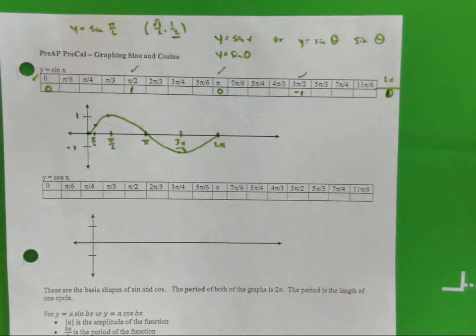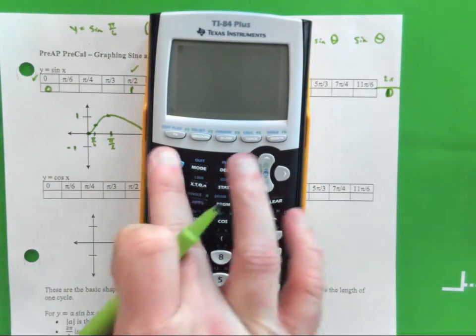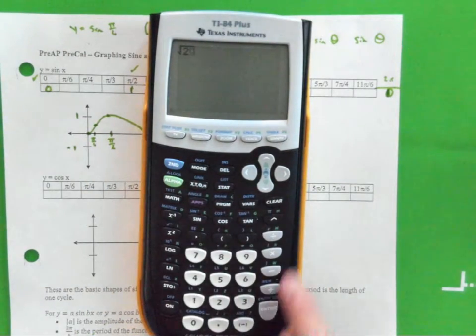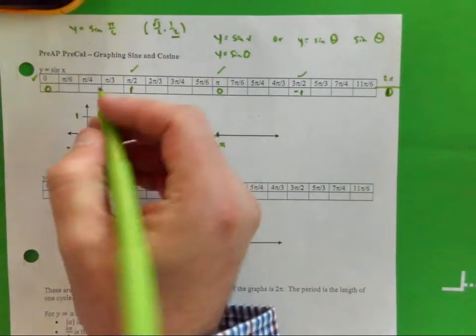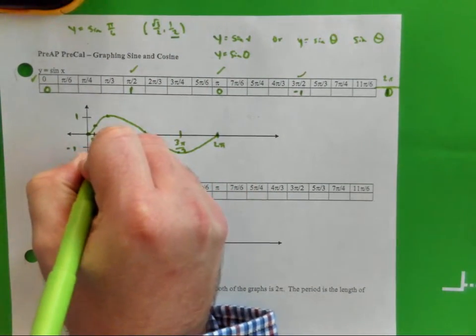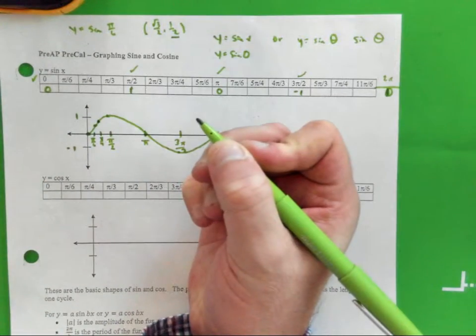So you say, Mr. Harris, how would you graph that? Okay, hold on. Square root of 2 divided by 2 is 0.7. You would estimate. Somewhere in there.